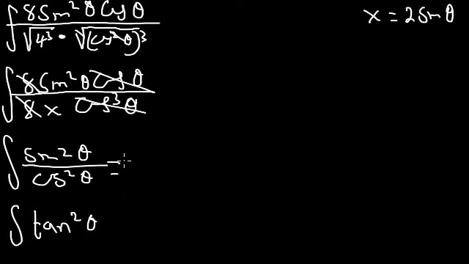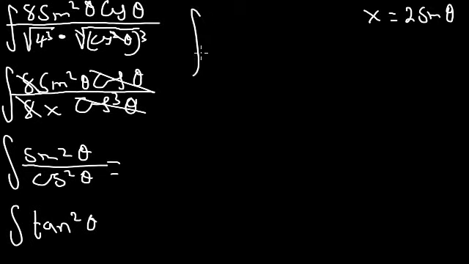Now, we can't really integrate tan squared theta directly, so I would like to replace tan squared theta with sec squared theta minus 1, because using the trigonometric identity, that is true. That is, tan squared theta is equal to sec squared theta minus 1.